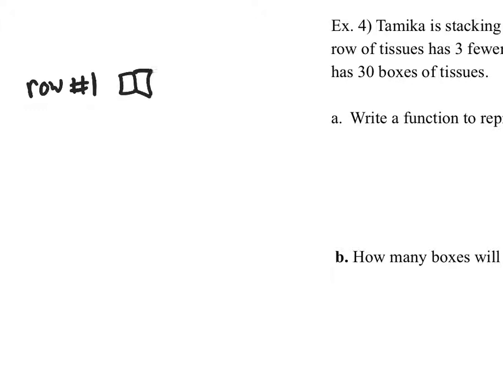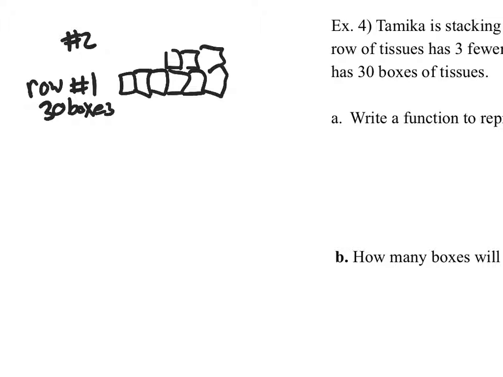Okay, row 2 has 3 fewer, so that would be 27 boxes.